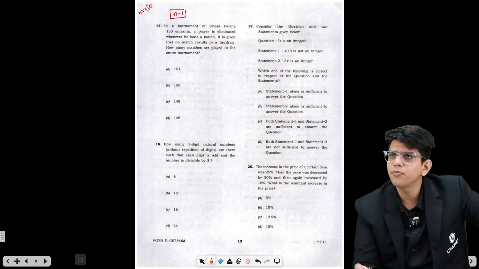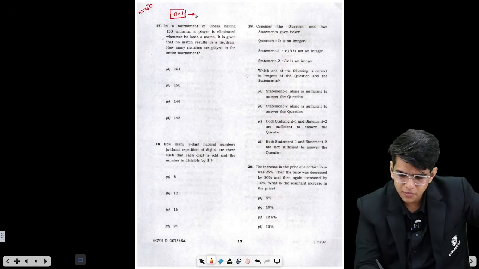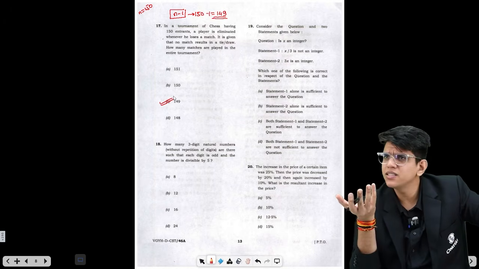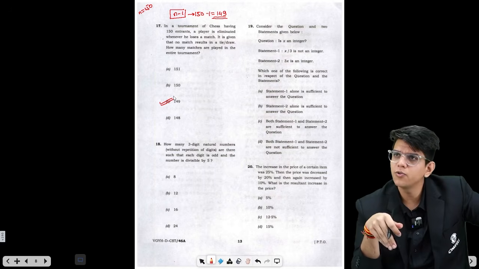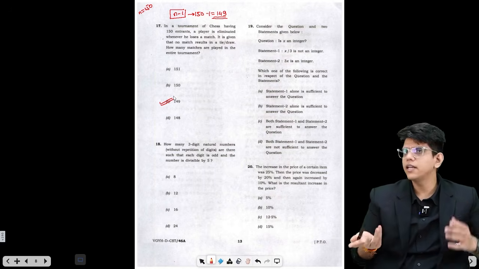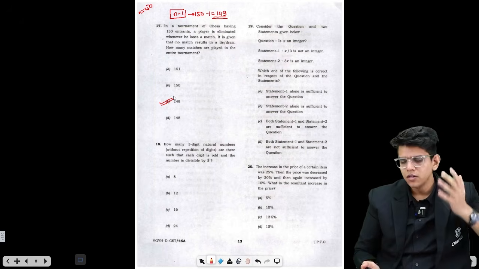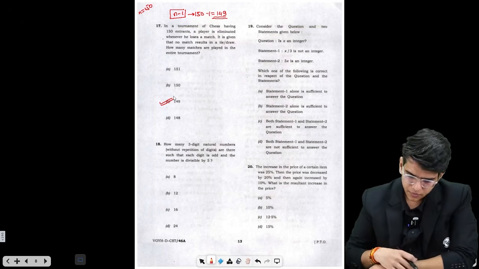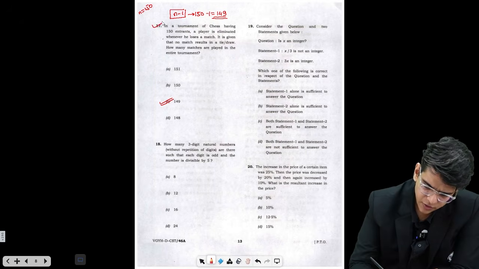So the number of matches we need to conduct is nothing but 150 minus 1, which is 149. Okay, 149, option C. You can remember this. In such tournaments, you can directly find the number of matches, which is n minus 1. Okay, right? Chalo. This was an easy question if you knew this, right?